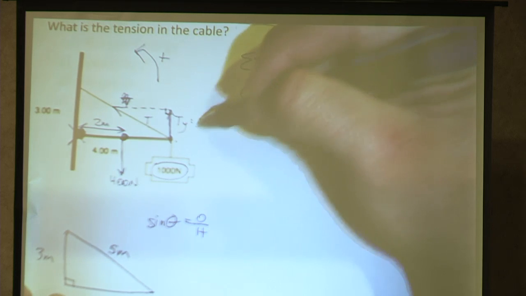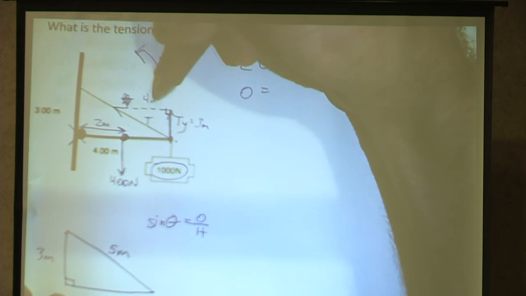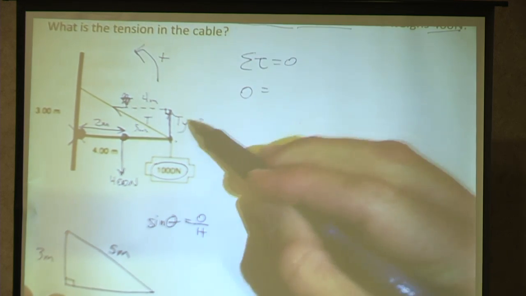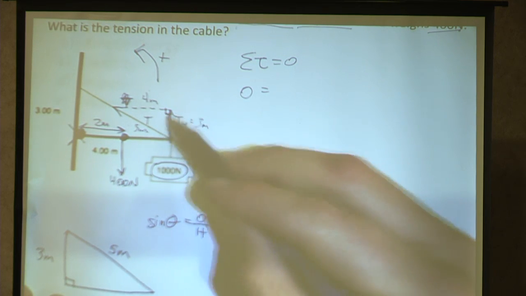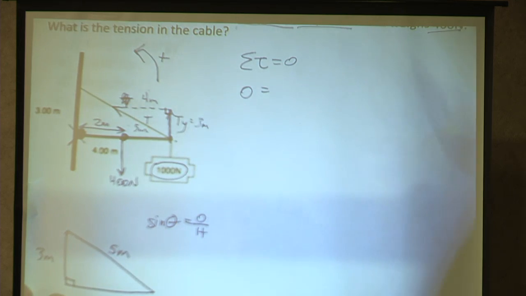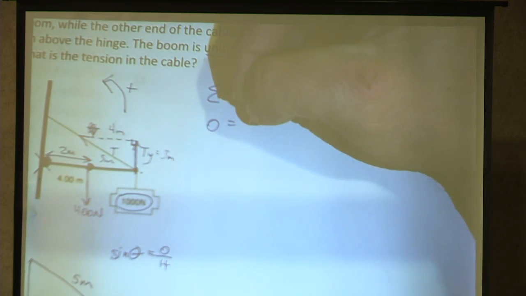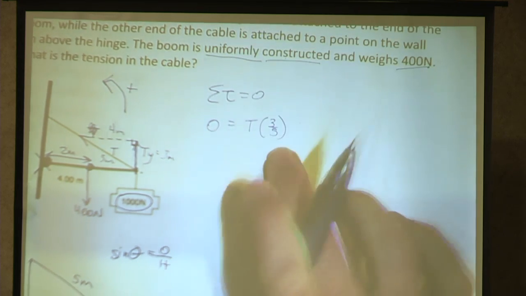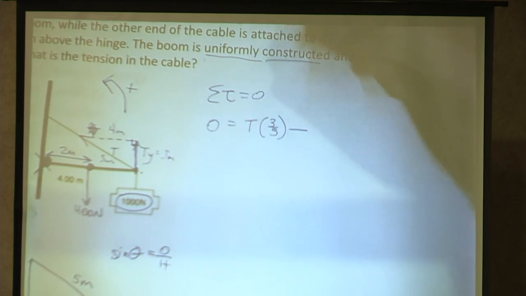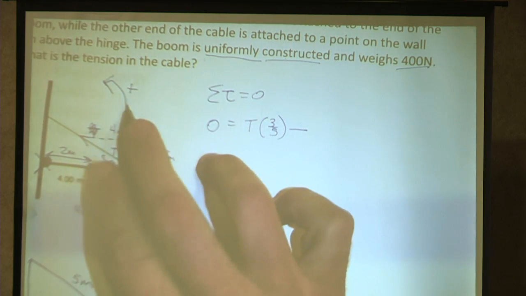That's the 3 meter, that's the 4 meter, that's the 5 meter. So that value is just going to end up being this length over this length, which is 3/5. So 0 is going to be T times 3 over 5 minus things that make this go the opposite way.